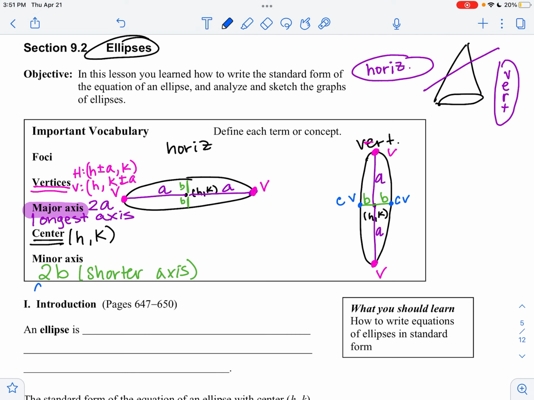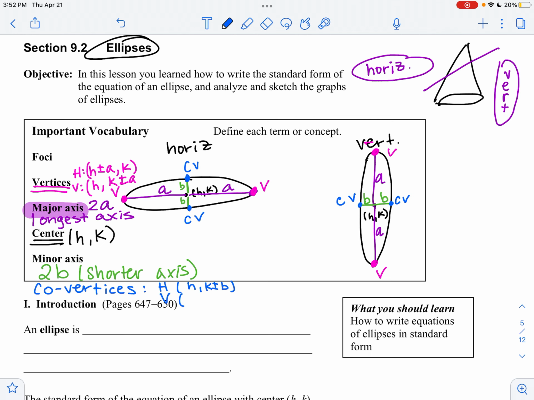So along the minor axis, I'm going to add this in, there's something called co-vertices. So these are co-vertices. And for the horizontal ellipse, the co-vertices are h comma k plus or minus the b value.